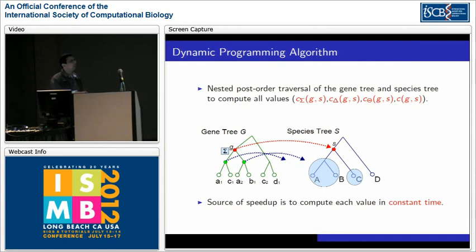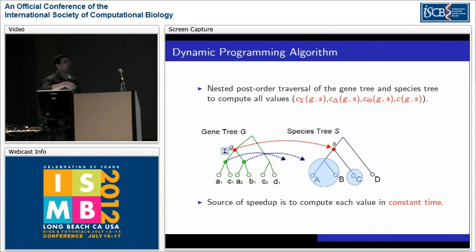Right? So if furthermore you restrict this to be a speciation node, you know that one of the children of G must map to the left subtree of S, the other must map to the right subtree. And so basically you can now optimize the mappings of the left subtree, right subtree, and compute the reconciliation cost for C of G comma S.